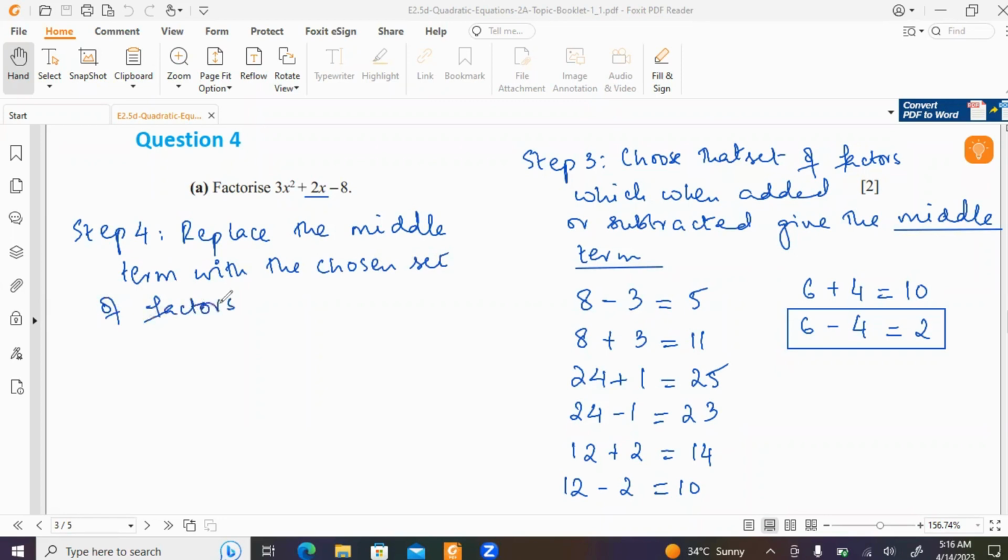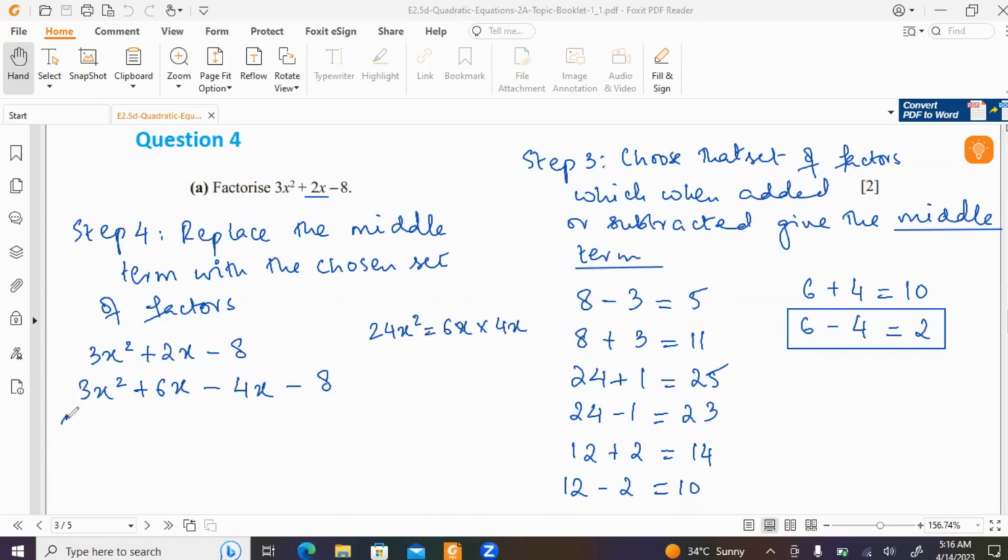So what we're going to do is, in the question, 3x squared plus 2x minus 8, I'm going to replace 2x with plus 6x minus 4x. Now, the reason why we're adding the x with 6 and 4 is because 24x squared is basically 6x times 4x. So if we're picking the factors for the addition and subtraction, x also comes with the number. Hence, 2x is replaced by 6x minus 4x.